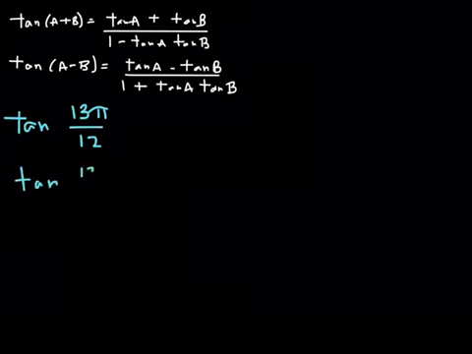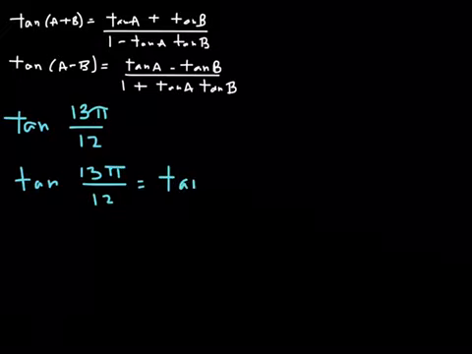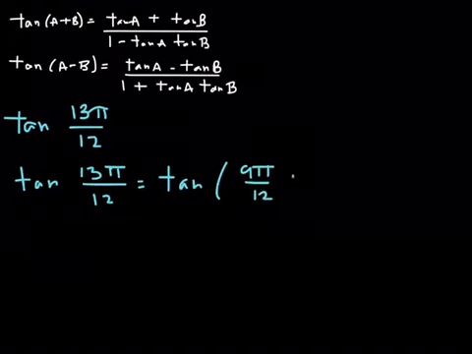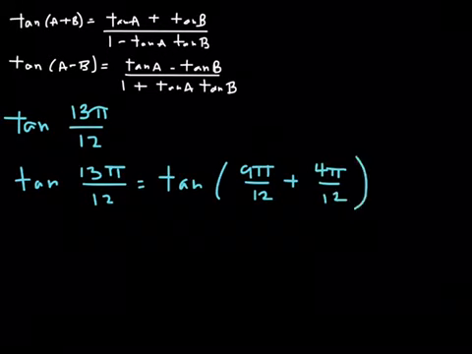Okay? Tangent of 13 pi over 12 is equivalent to tangent of, let's see, what if I rewrote it as, what about this? 9 pi over 12 plus 4 pi over 12. That would be a tangent of 13 pi over 12, wouldn't it?